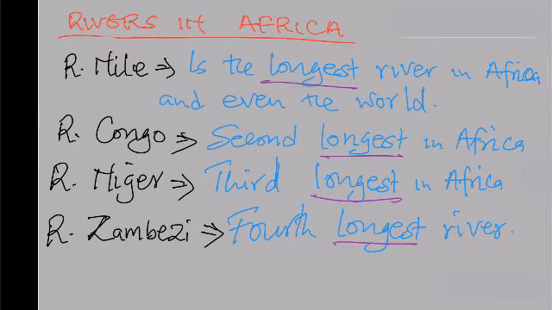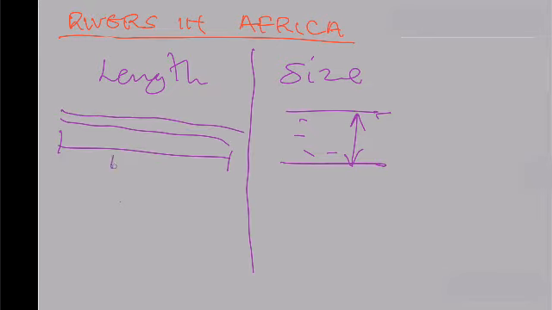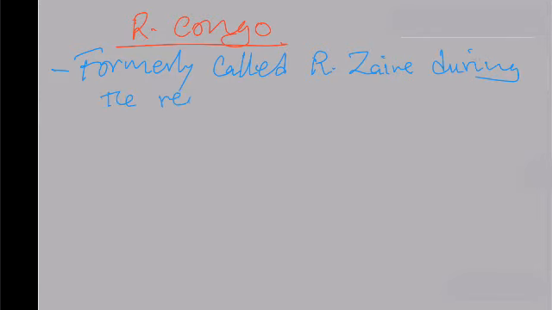In saying this, you must note the difference between the length of the river and the size of the river. The size majorly depends on the volume of water that this river holds, that is the width of the river. You need to note that River Congo was formerly called River Zaire. That was during the reign of Mobutu Sese Seko, but then the name was later changed to River Congo.